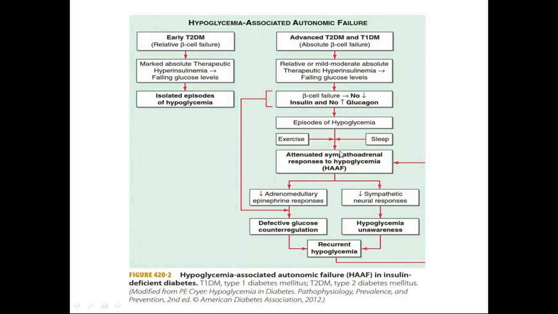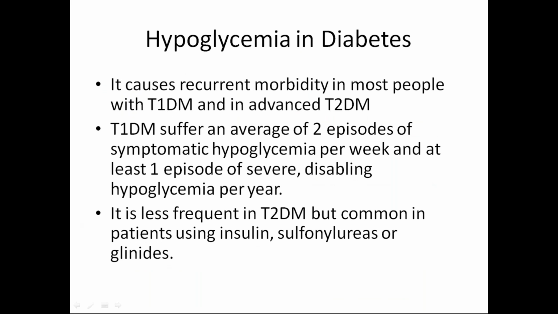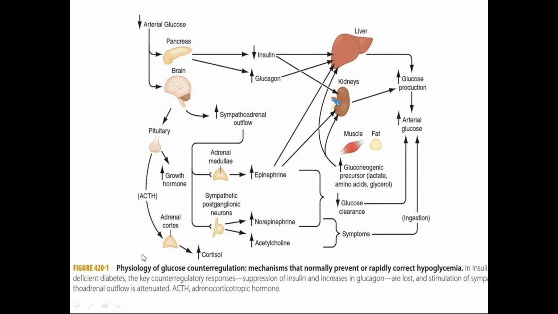What this does is the attenuated sympathoadrenal response to hypoglycemia. That means the sympathoadrenal outflow, the epinephrine, norepinephrine, acetylcholine. So these are the sympathoadrenal outflow. These are the hormones that cause the symptoms of hypoglycemia.